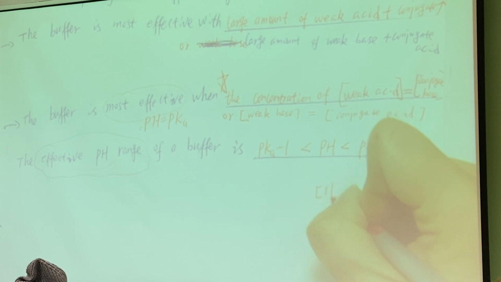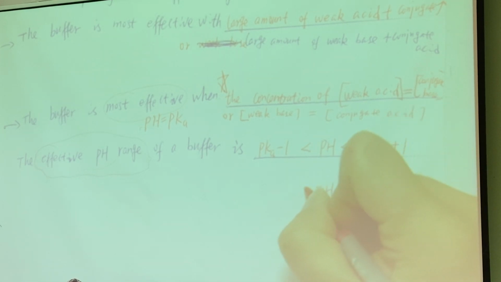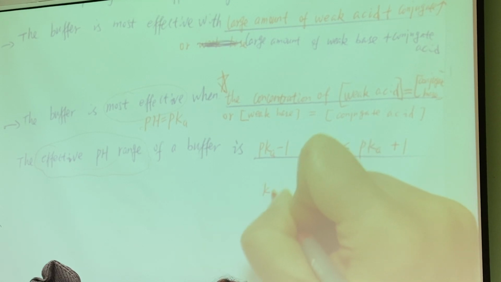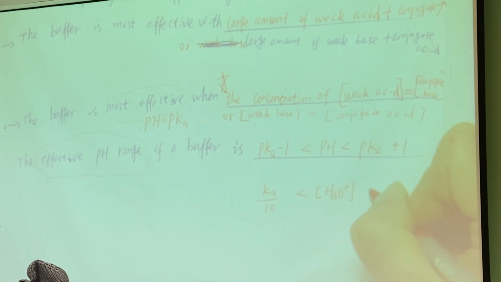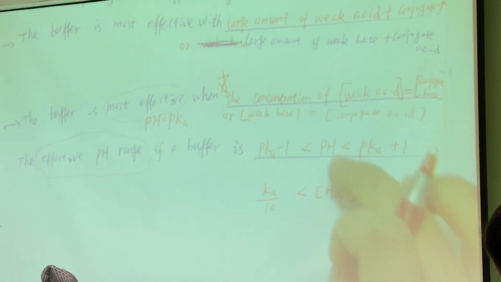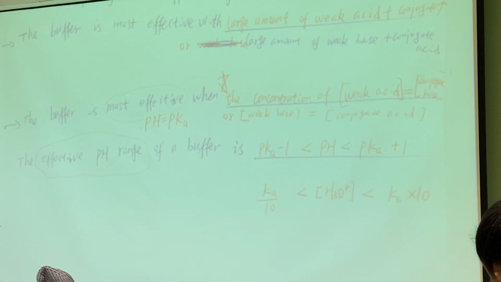So it means concentration of proton is larger than Ka divided by 10, smaller than Ka times 10. Right? So the same thing. Just take log on both sides. Negative on both sides. So that is effective pH range or the concentration of hydronium ion.